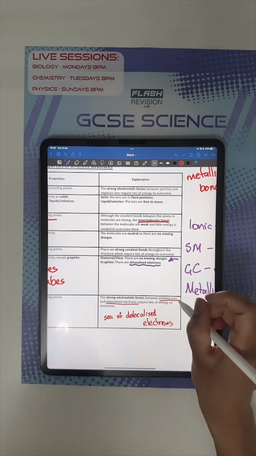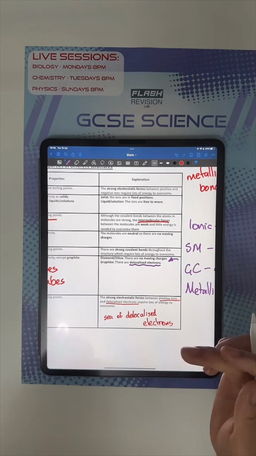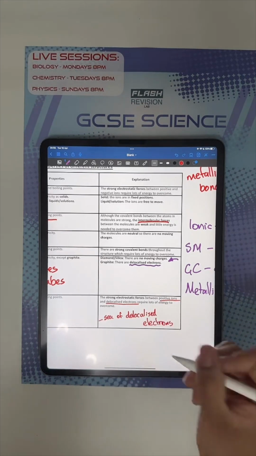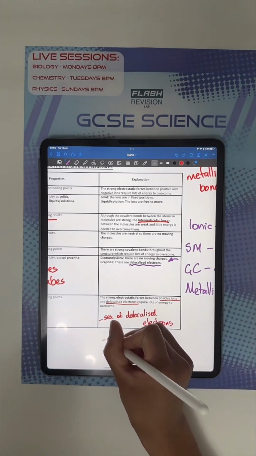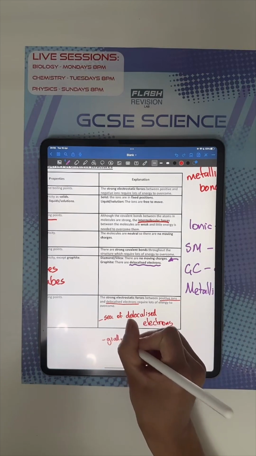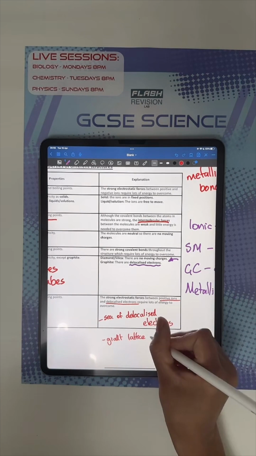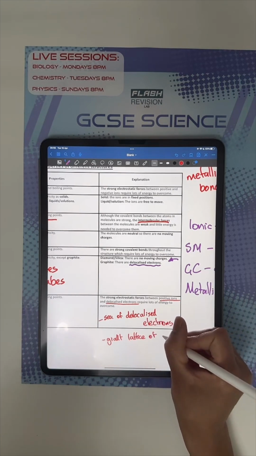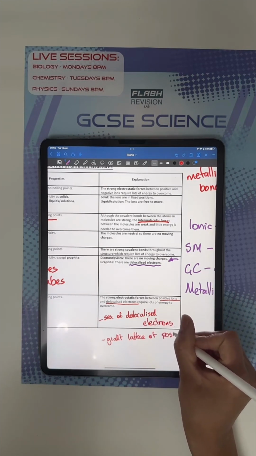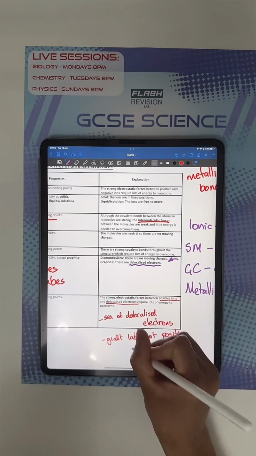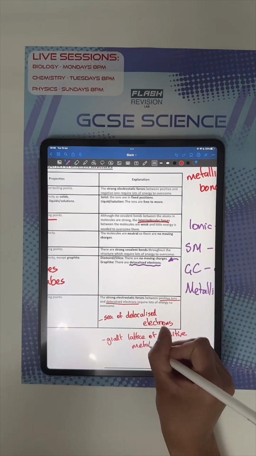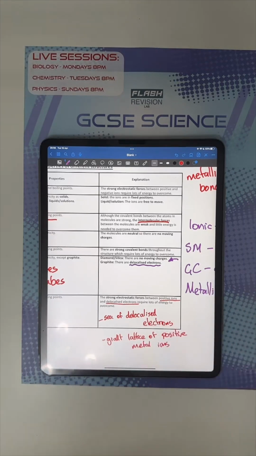So positive ions, it's a giant lattice of positive ions surrounded by sea of delocalized electrons. Positive metal ions.